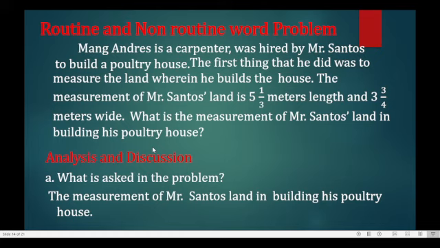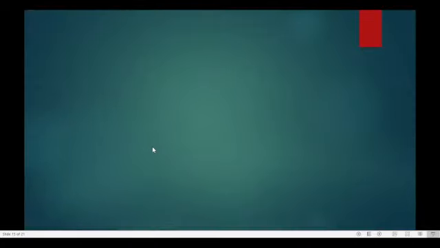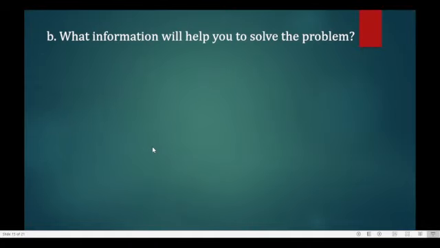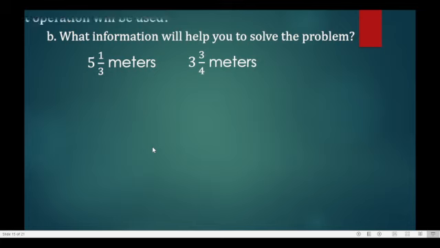Okay, next question. What information will help you to solve the problem? So, of course, you have to give the given. So, you have 5 and 1/3 meters and 3 and 3/4 meters.